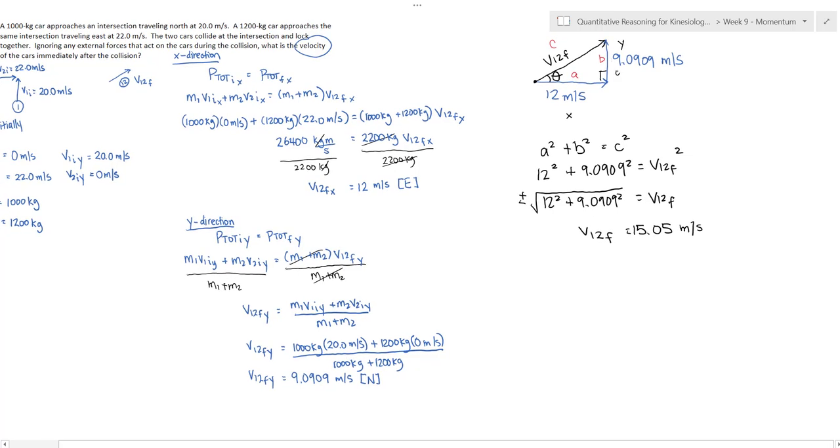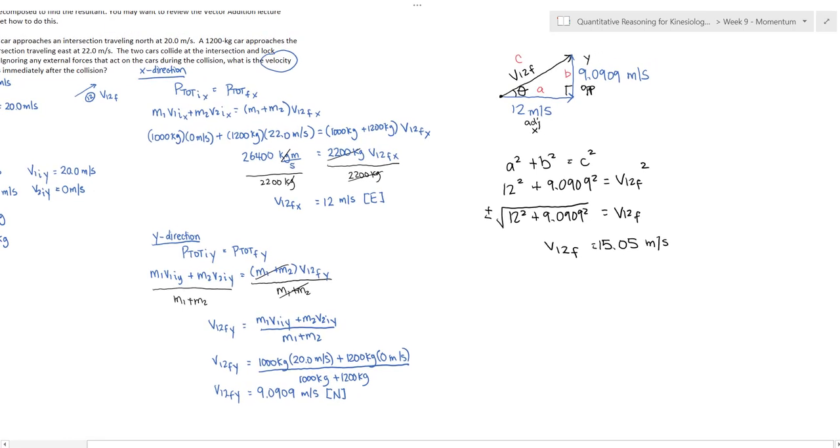Well, we know the opposite side of the triangle, and we know the adjacent side of the triangle. So we should be using SOHCAHTOA. Since we know O and A, we're going to use TOA. Tan of our angle is equal to opposite over adjacent. We're looking for the angle. The opposite is 9.0909, and the adjacent is 12.